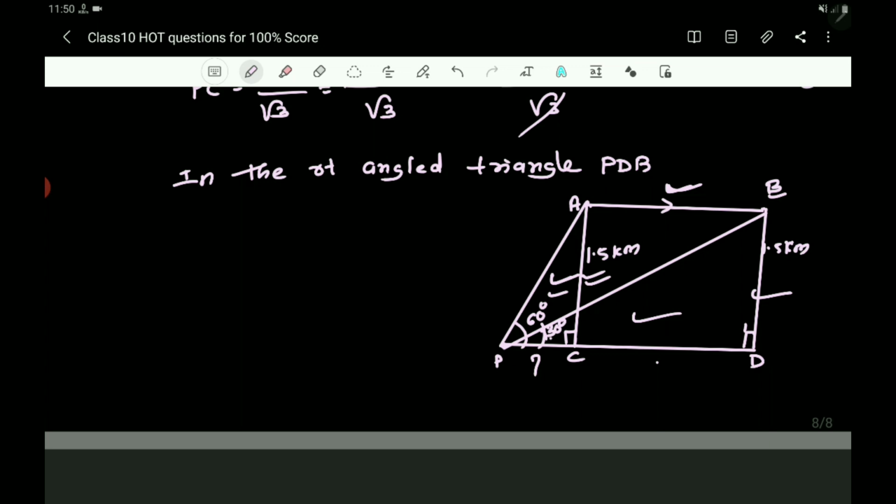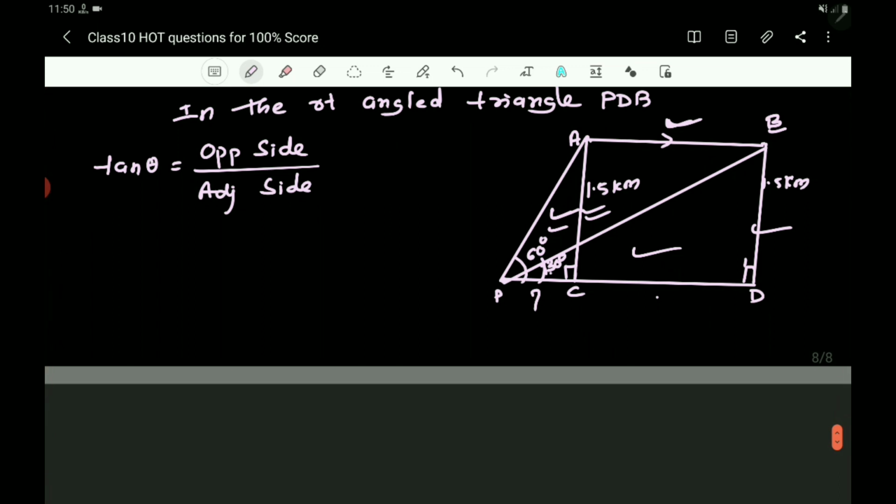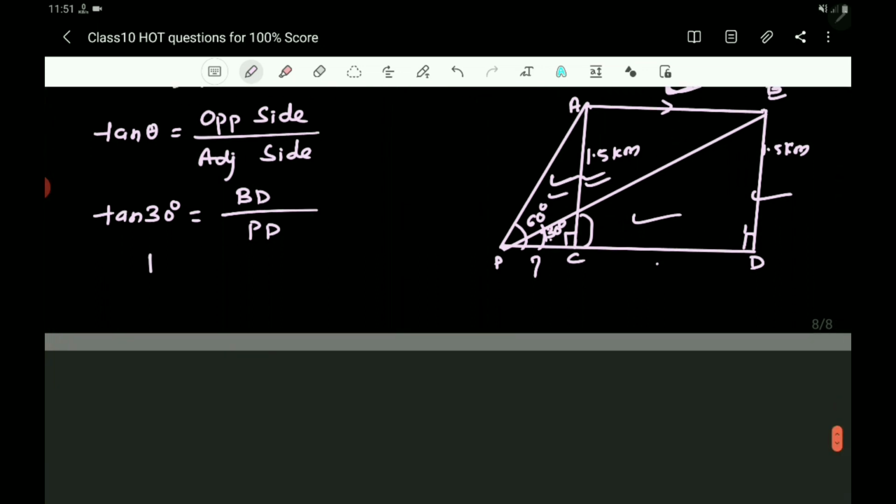Here again you take the trigonometric ratio with opposite side and adjacent side, that is tan theta equals opposite side by adjacent side, that is how much it is, tan 30, that equals opposite side is BD by PD. So tan 30 is 1 by root 3, that equals BD is same, that is 1.5, by PD.